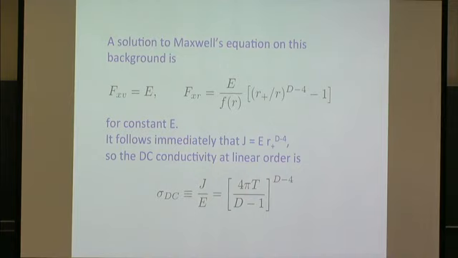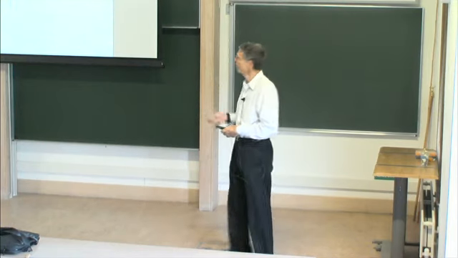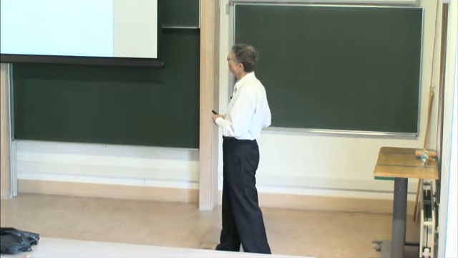But in fact, it's a good thing you need to add an explicit x r term, because as we've seen, this has a component in terms of the usual Schwarzschild coordinates, which is an x r component going like E over f, or like 1 over r squared. And in higher dimensions, that's not the right falloff to induce a current. The current comes from a higher power of r.